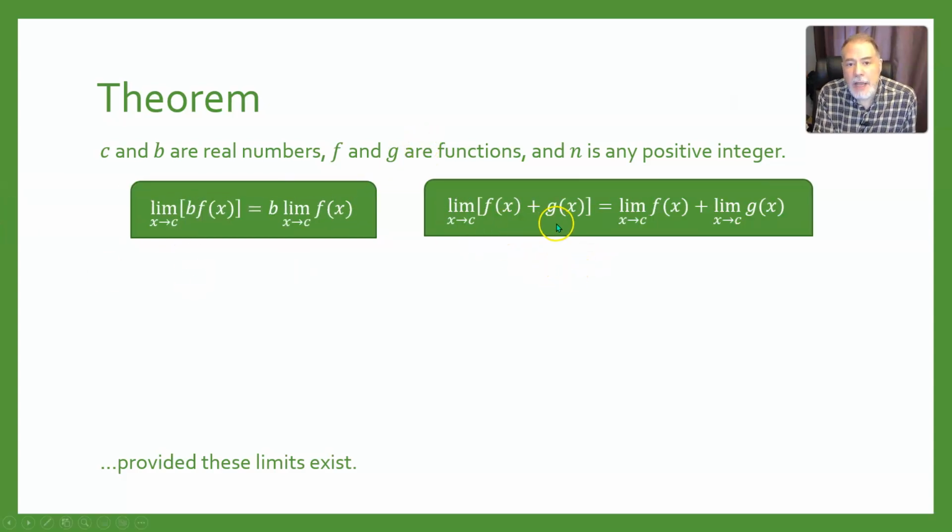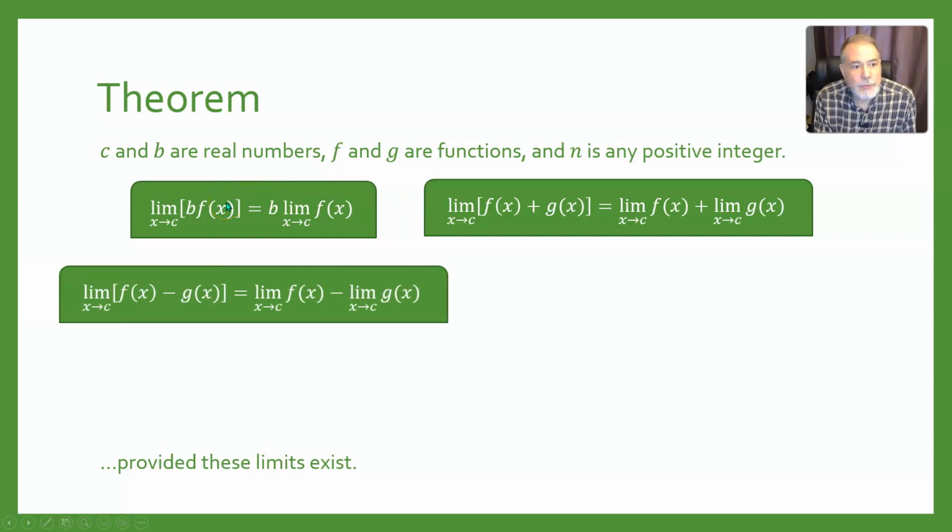The limit of a sum is the sum of the limits. So the limit as x approaches any particular number of something plus something else is equal to the limit of the first thing plus the limit of the second thing, provided both of those limits exist.